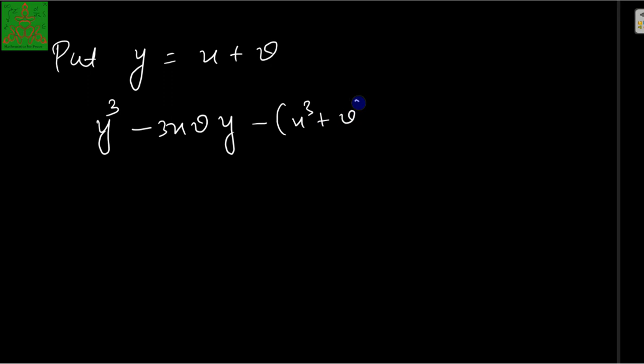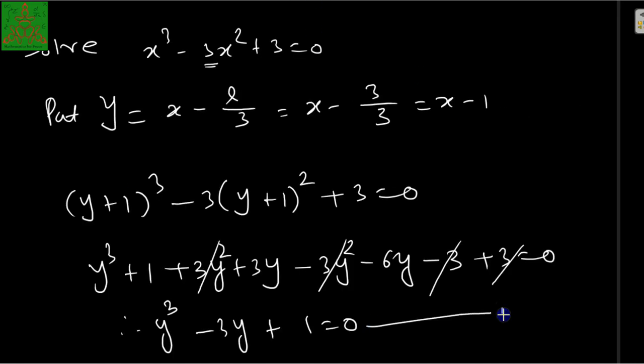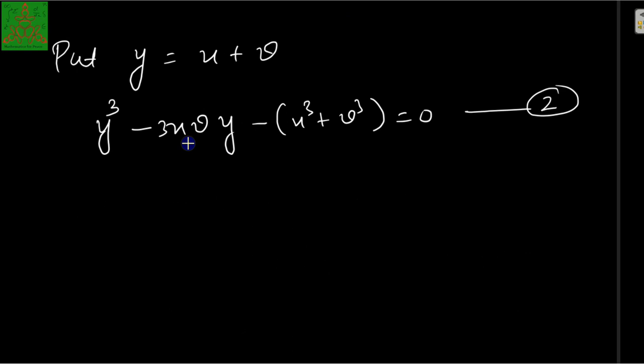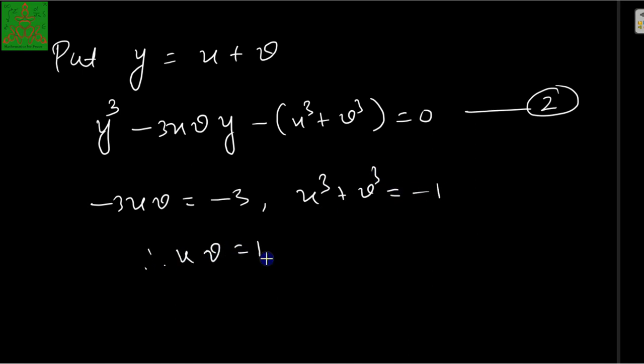As in the previous two examples, by comparing this equation 2 and equation 1, we will have minus 3uv equal to minus 3 and u cube plus v cube equal to minus 1. So uv is 1 and u cube plus v cube is minus 1.